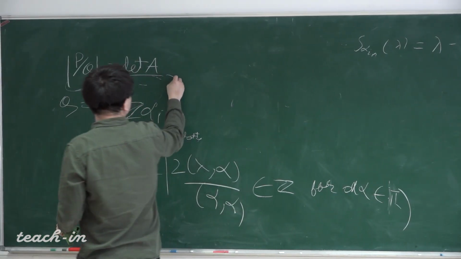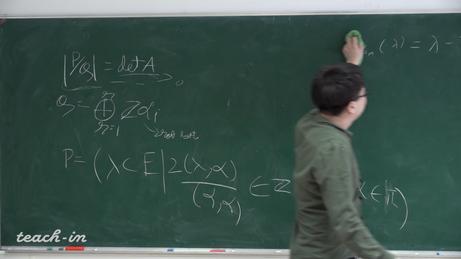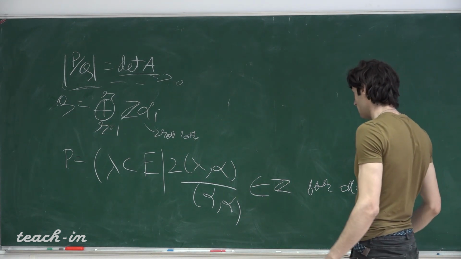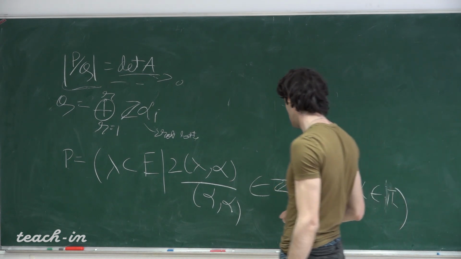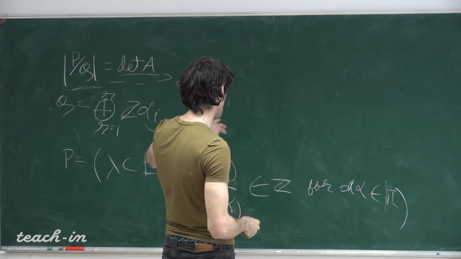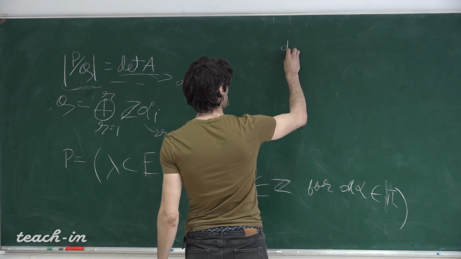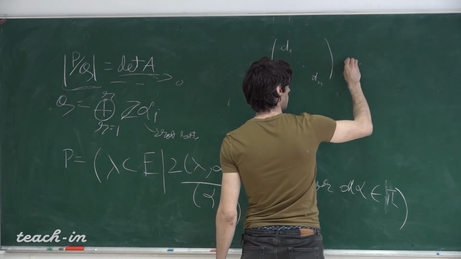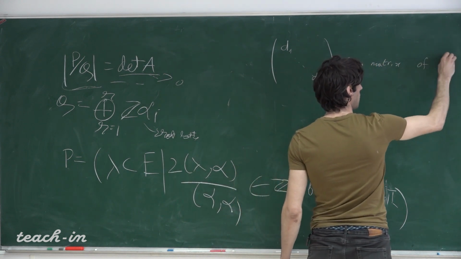How do we know this is a positive number? Because it is actually a Gram matrix of alphas times a diagonal matrix, so it is d1 to dn times the Gram matrix of alpha 1, alpha r.